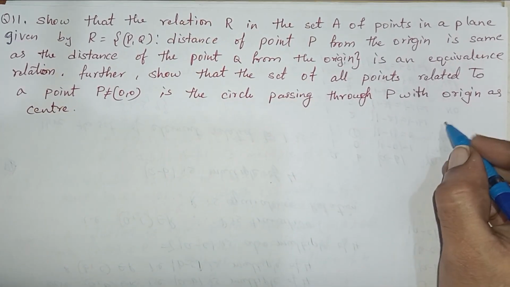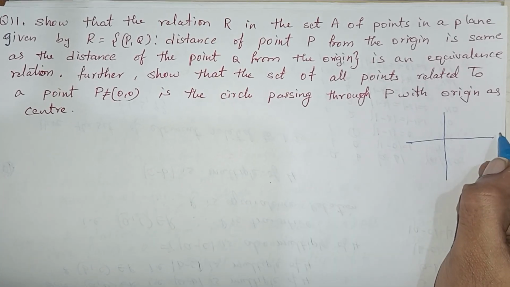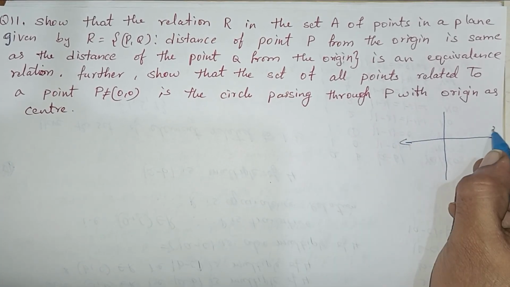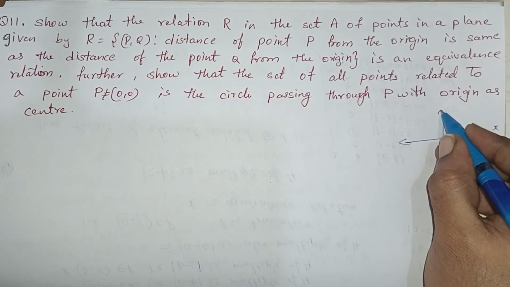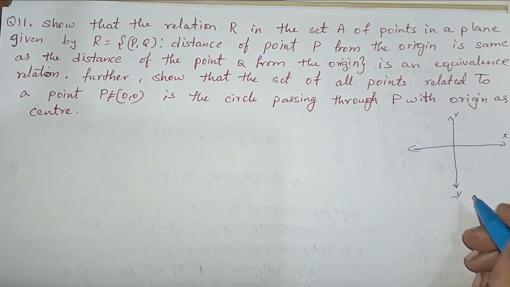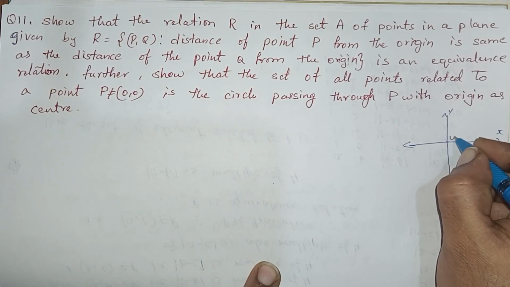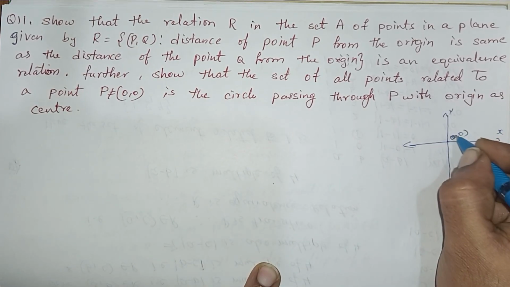So let's take an x-axis and a y-axis. This will be my x-axis and this is the y-axis. This is my origin (0, 0).